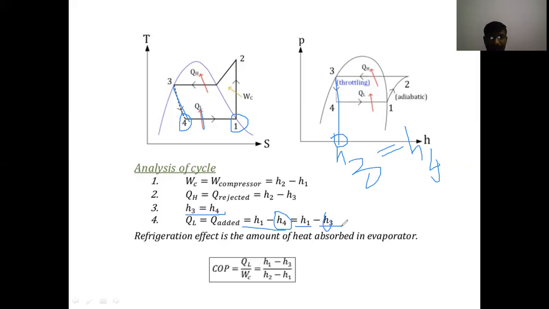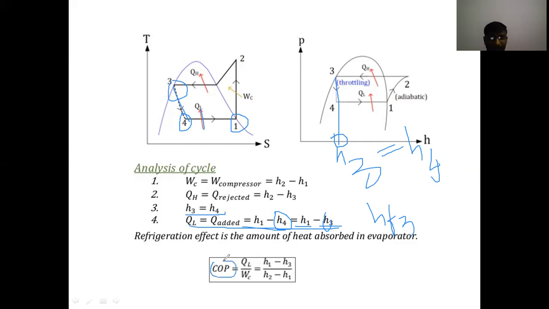You can write H1 minus H3 or H1 minus HF3. In some books HF3 is also represented. HF3 means the fluid enthalpy at this point, or we can directly write H3. Therefore, the refrigeration effect is the amount of heat absorbed in the evaporator per kg.